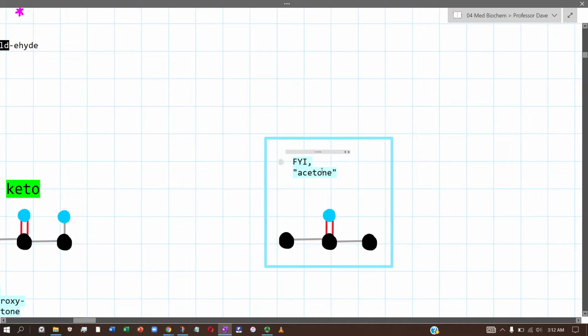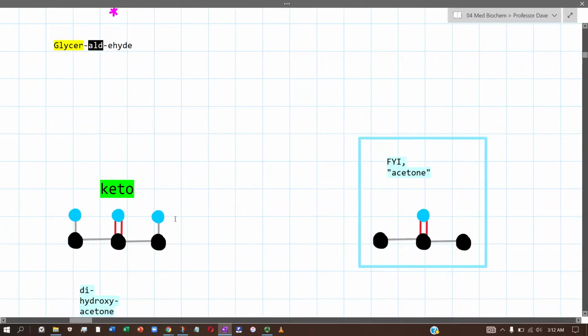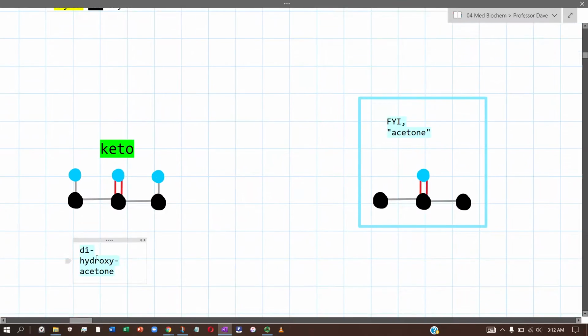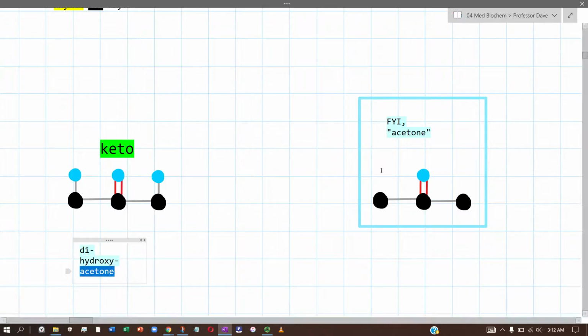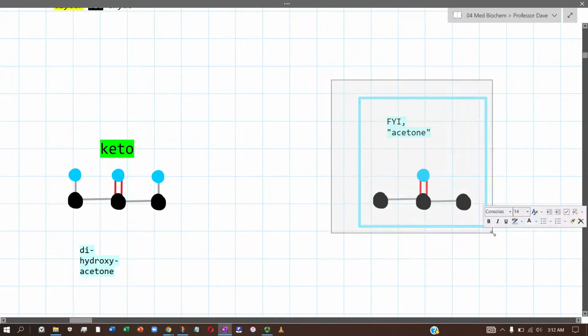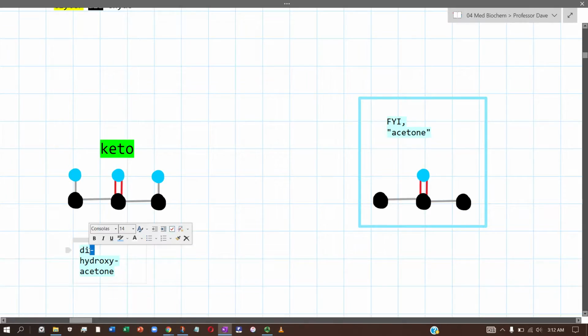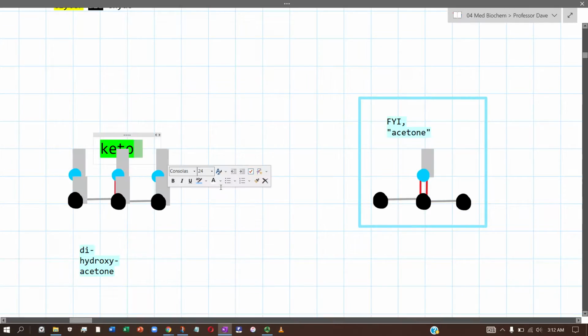So what happens when you start modifying this starter molecule? Well, you get dihydroxyacetone, and it's called dihydroxy because you started out with just acetone right there, but then you added di, aka 2 hydroxyl groups, 1 and 2.